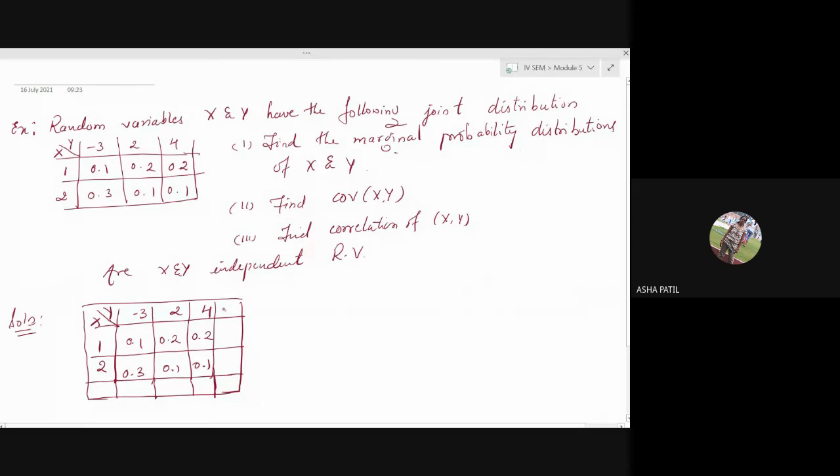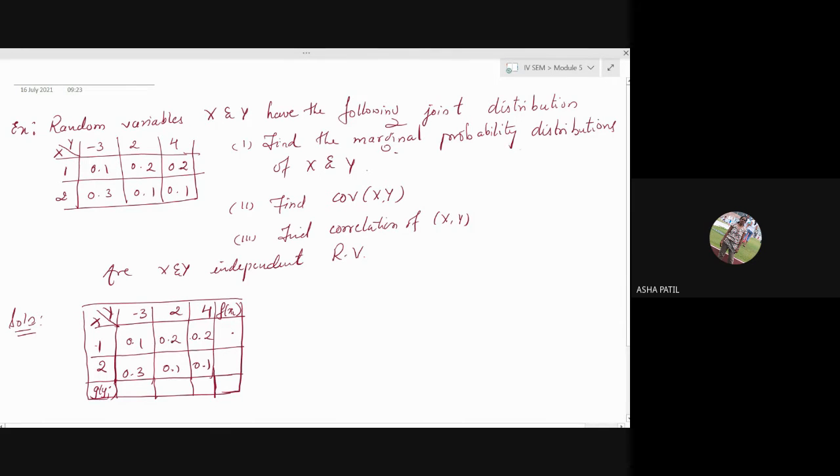Is it F or G? F. Because here y is there, so don't get confused. This is f of xi. We'll be writing the sum of all probabilities that x will be taking the xi value. Here we'll be writing g of yj.